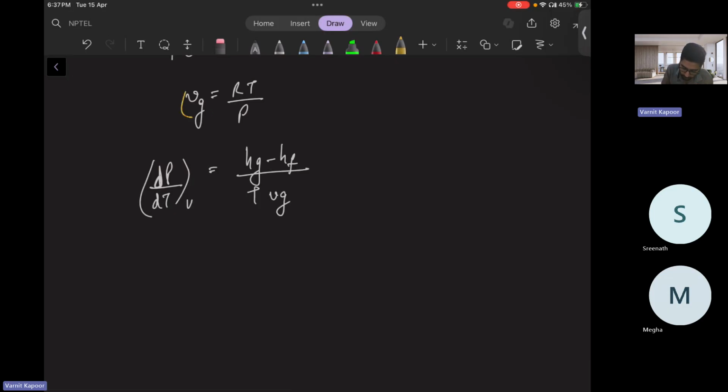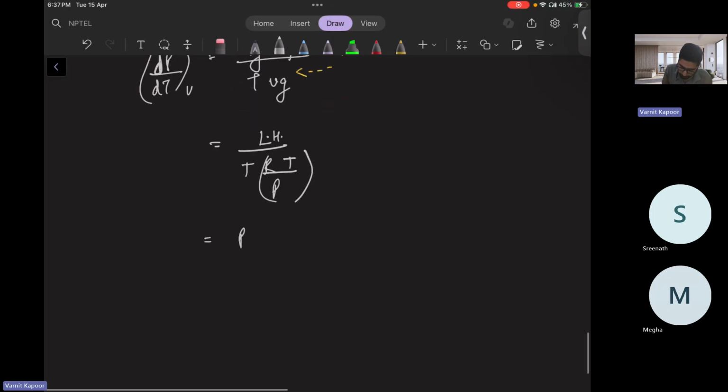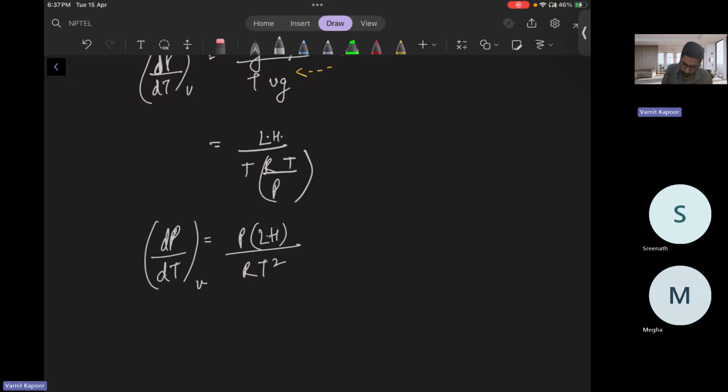Put this vg here. So hfg is nothing but latent heat, by T, and vg is RT by P. So dP by dT is P into latent heat by RT square.